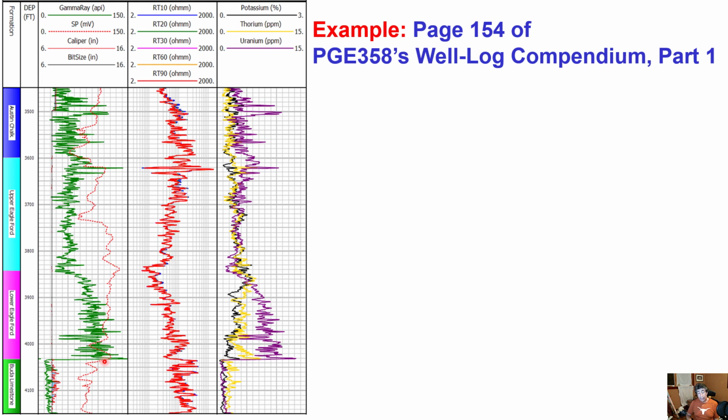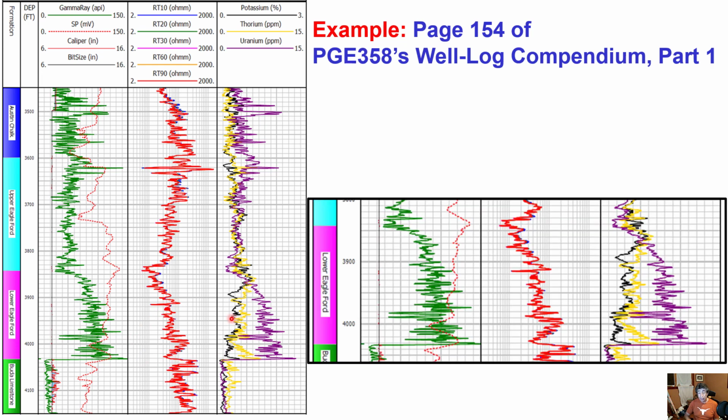So in other words, not all the pore space of the shale is occupied by water. If it were occupied by water, yes, as you increase the gamma ray values, then you would expect the resistivity to decrease. But it doesn't do that. And why? Look at the spectral gamma ray logs. In fact, let me enlarge this view.